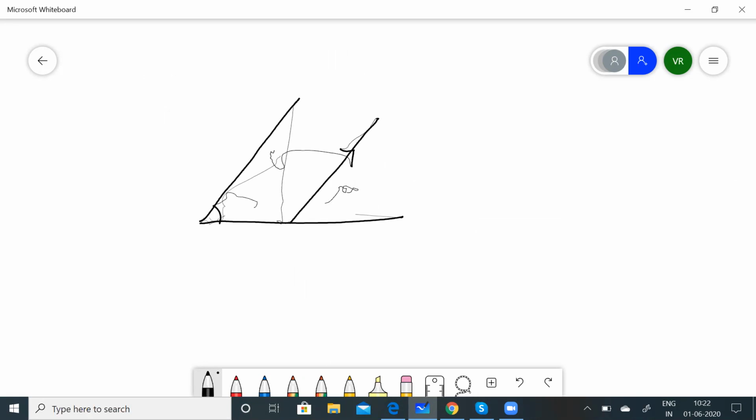Let us take this angle to be theta. So obviously, this will also be theta because they are parallel. Light is coming in this direction, gets reflected here and then goes in this direction. Now let us take this as mirror 1 and this as mirror 2.